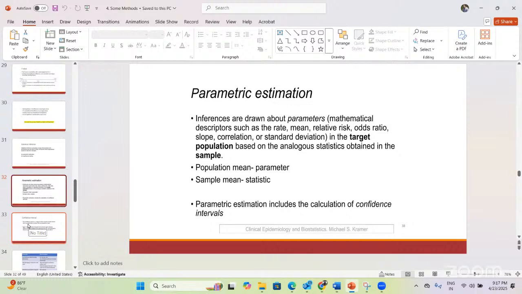There are two kinds of estimation: parametric estimation and non-parametric estimation. In parametric estimation, the inferences are drawn about the parameters in the target population. And the non-parametric estimations, go to the next slide.